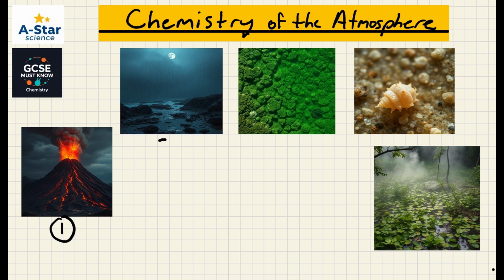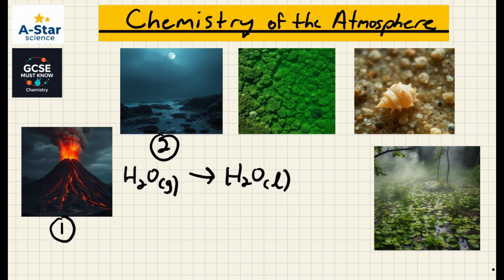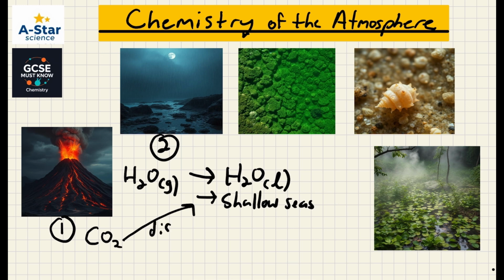That's what we see in number 2. The water vapor, which we write as a gas, would become liquid water. In fact, scientists believe that it would form shallow seas. This is important because the carbon dioxide that was present in the early atmosphere would then dissolve into these shallow seas.